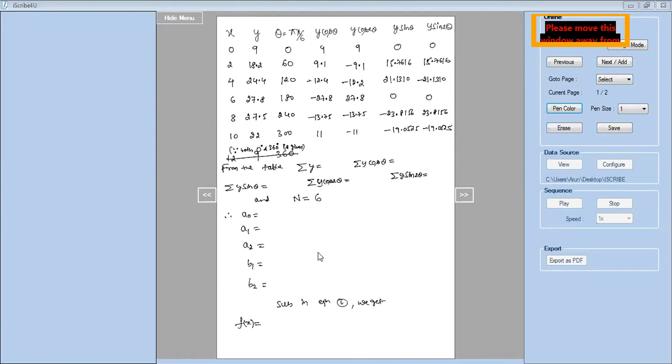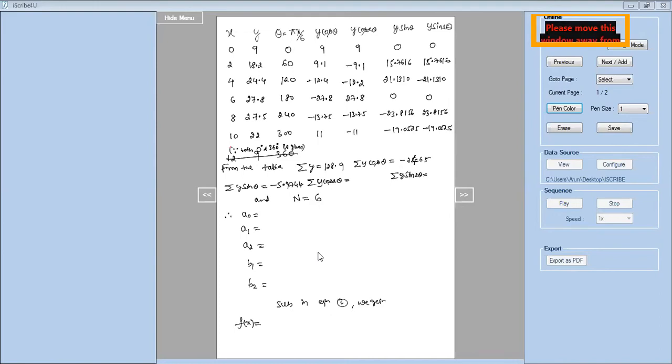Yes, summation y, sigma y. 128.9, sir. 128.9, okay. Y cos theta? Minus 24.65, sir. Minus 24.65. Okay, next. Y sin theta. Minus 5.9744, sir. Correct?